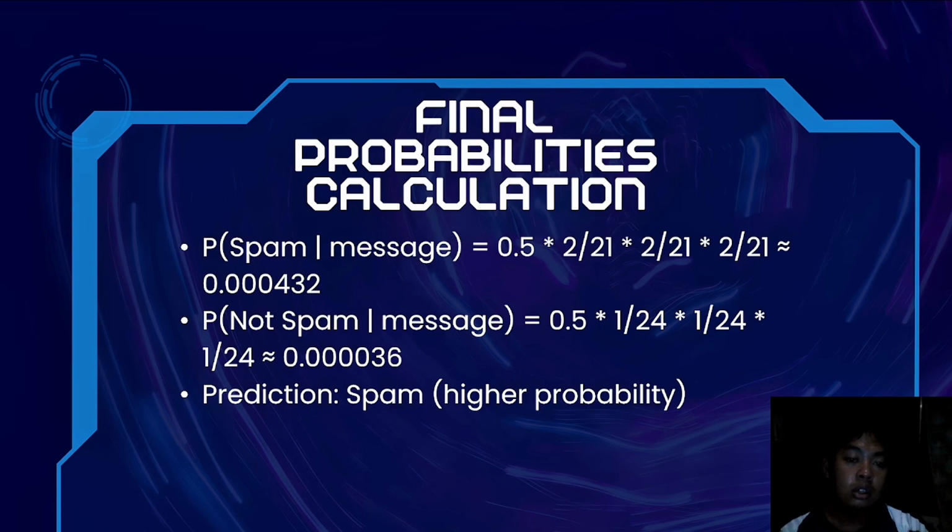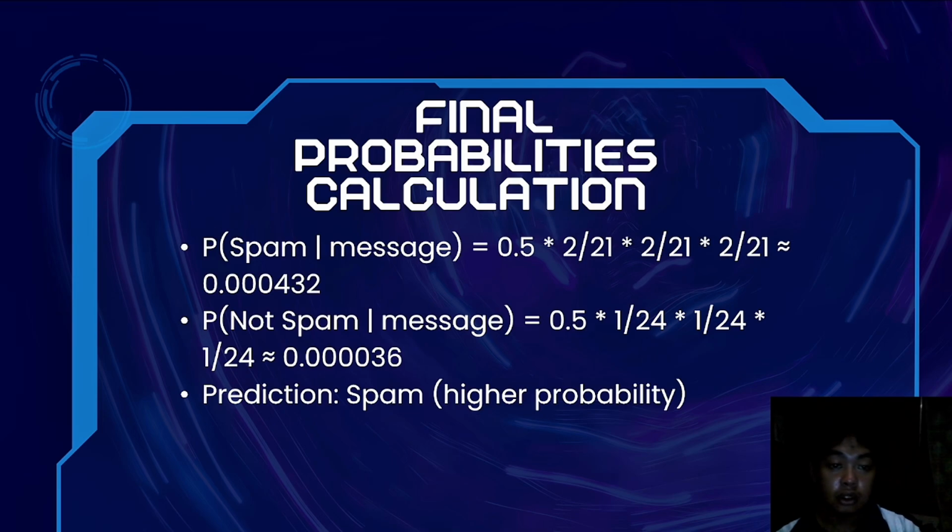First we multiply the same, and the result is 8 over 9,261. The parentheses come first, so we divide first.